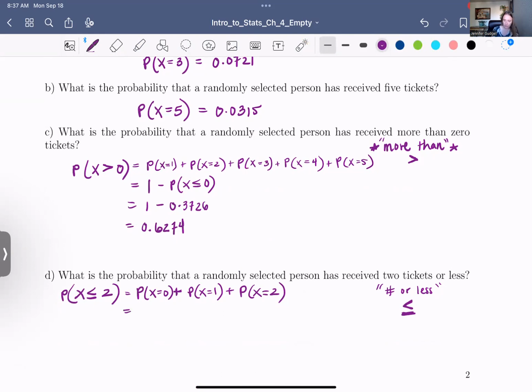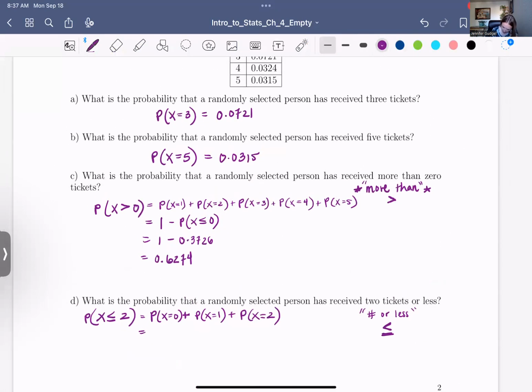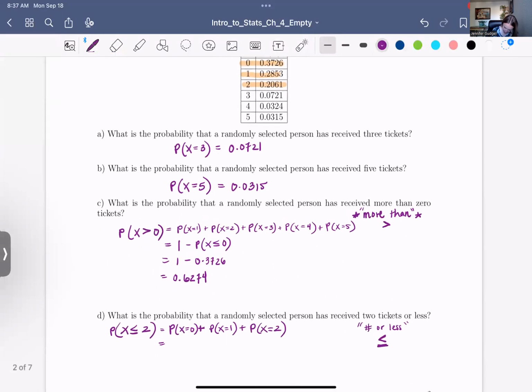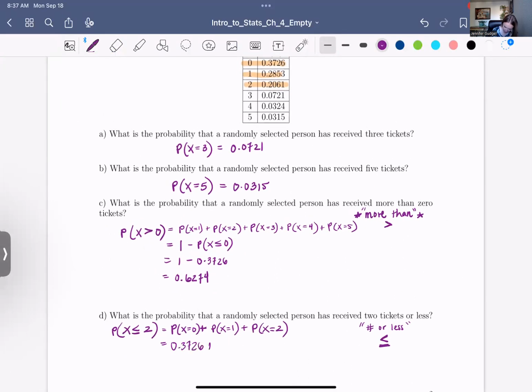So we'll just add these 3 values. 0.3726 plus 0.2853 plus 0.2061. If I go to add those together, I'm going to get 0.864.